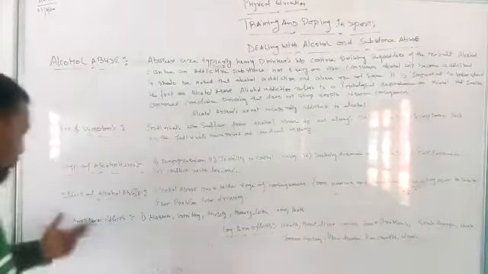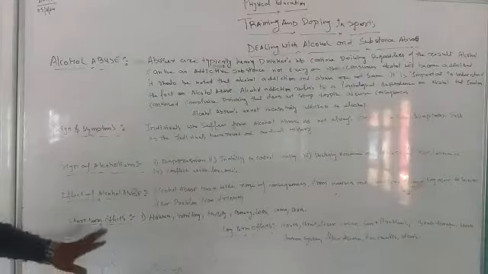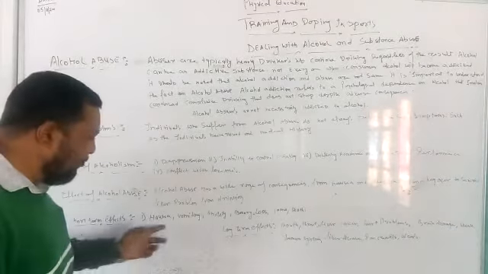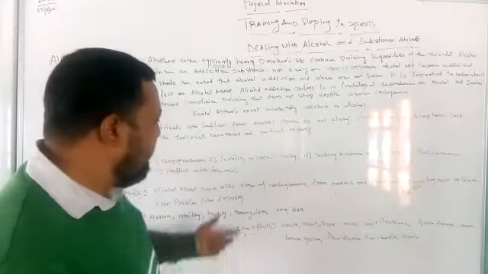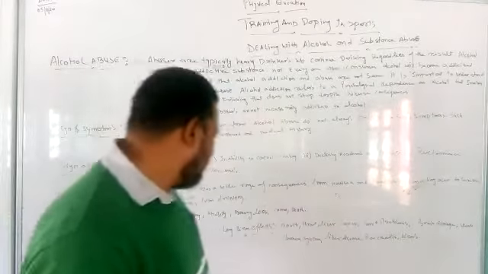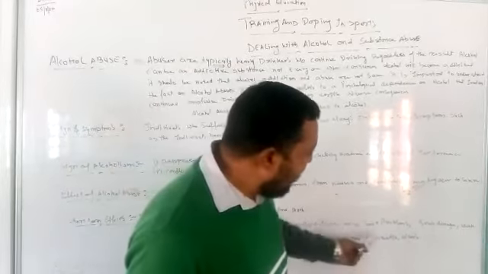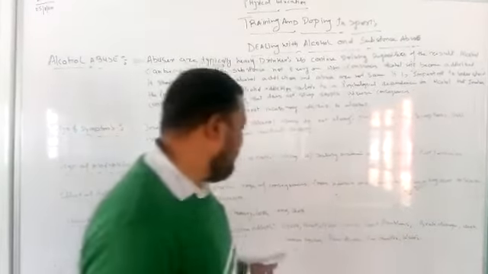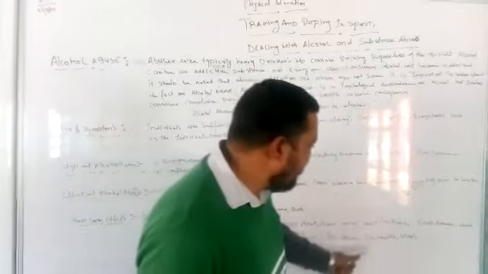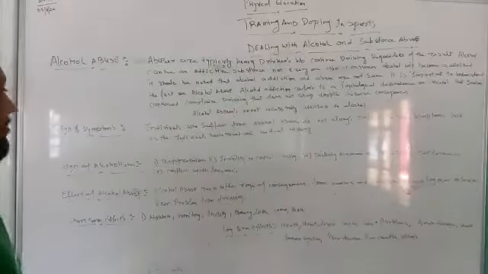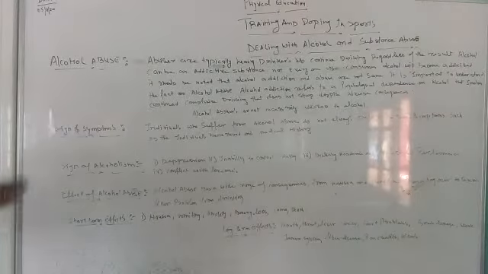Clear? So come to the first type of effect, that is short term effects. Short term effects जो कम समय के लिए हैं, that is nausea, vomiting, anxiety, memory loss, coma and death. And the long term effects: mouth, throat and liver cancer, heart problems, brain damage, weak immune system, liver diseases, pancreatitis and ulcer kinds of diseases may occur if the person is addicted to alcohol.